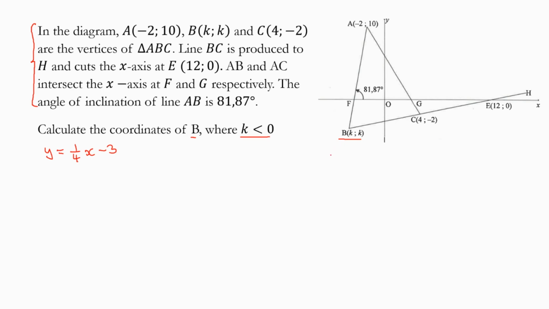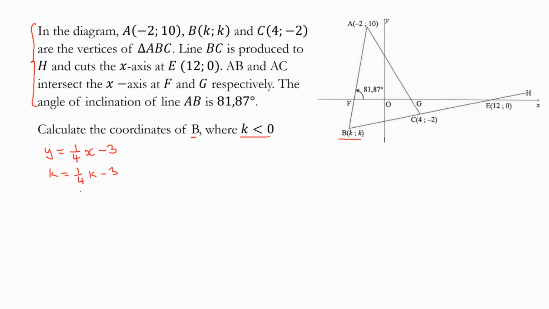So now we can substitute the coordinates of P into the equation. Let's do that. The y coordinate is k, so k is equal to 1 over 4 k minus 3.